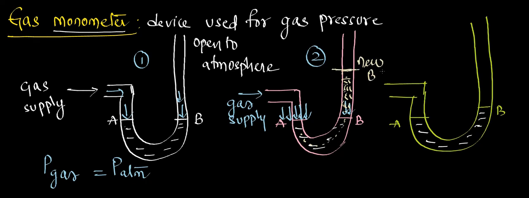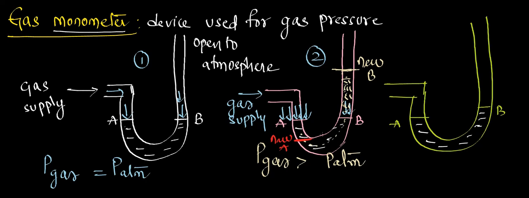If the liquid is rising on B side and falling on A side, what does it mean? Pressure exerted by gas is more compared to pressure exerted by atmosphere. And A point also comes down. This will be the new A point.